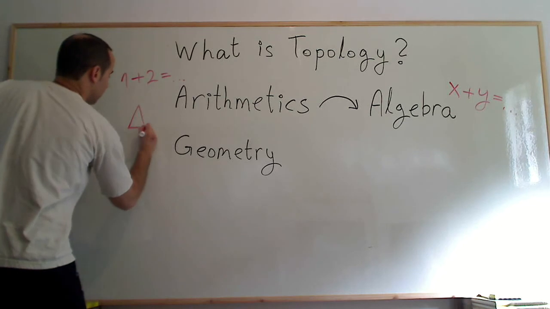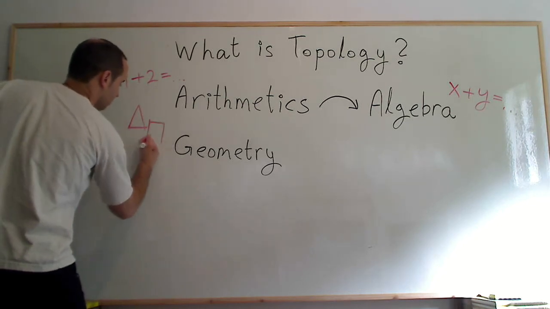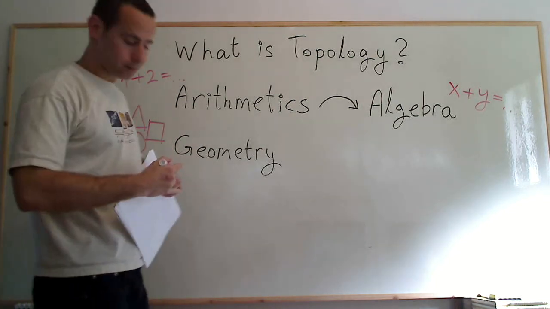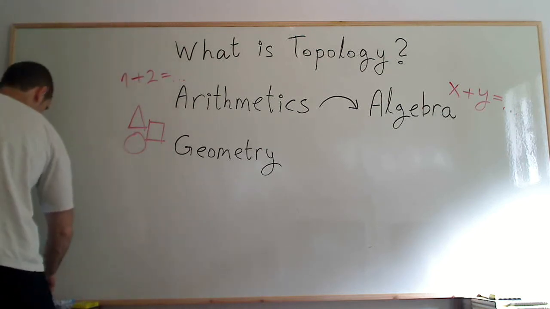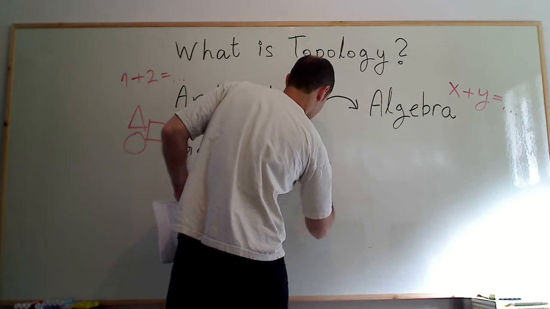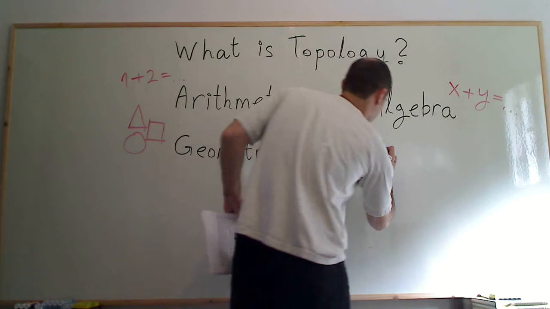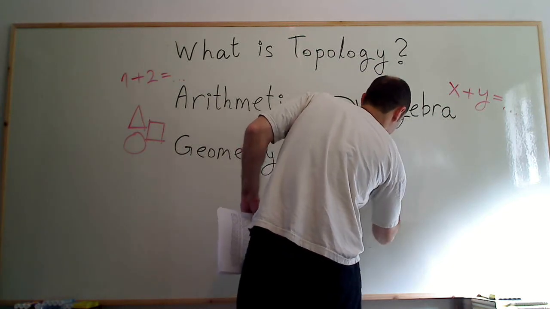We have a triangle, and a square, and a circle, and we make it more generalized, like we did here with the arithmetic. So then we get topology.